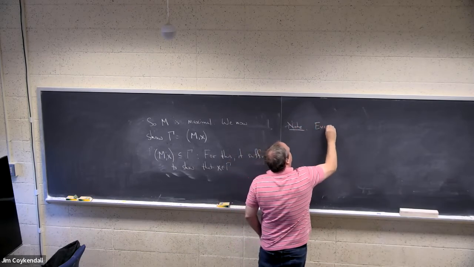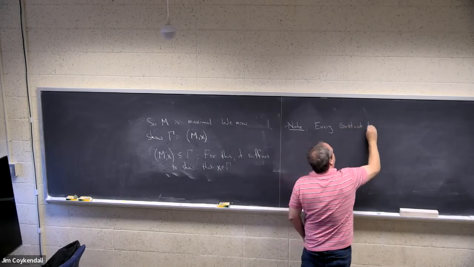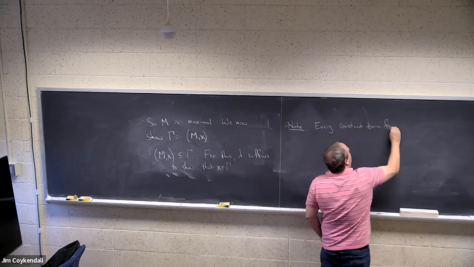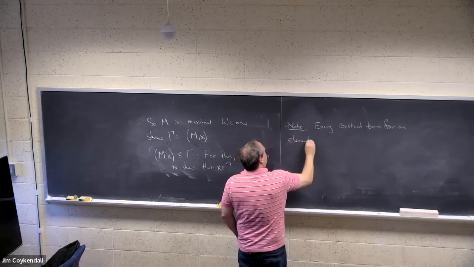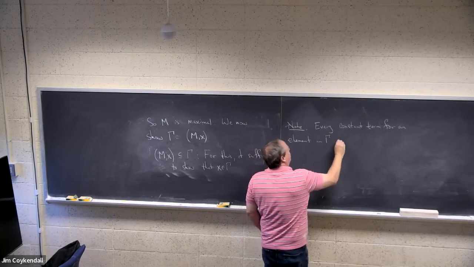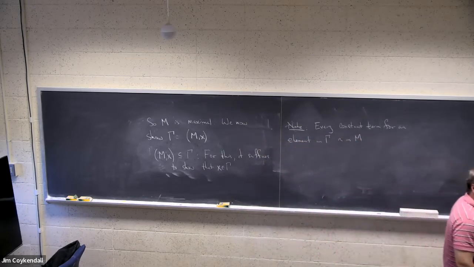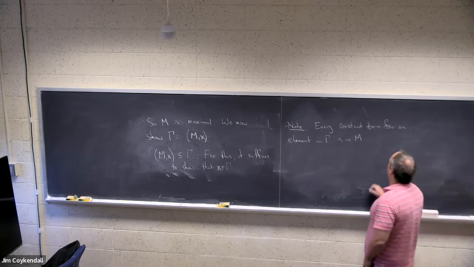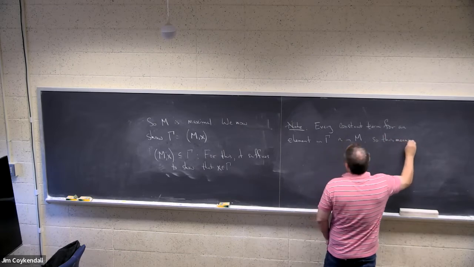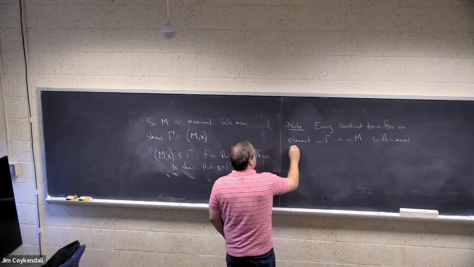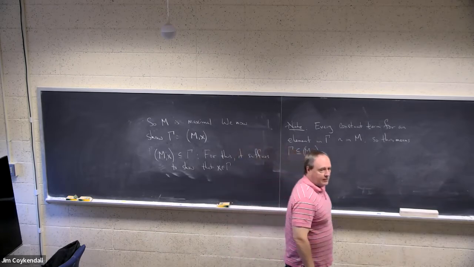Every constant term for an element in gamma is in M. And this means, so I guess I should have done this first, this means certainly that gamma is contained in M comma X, correct?